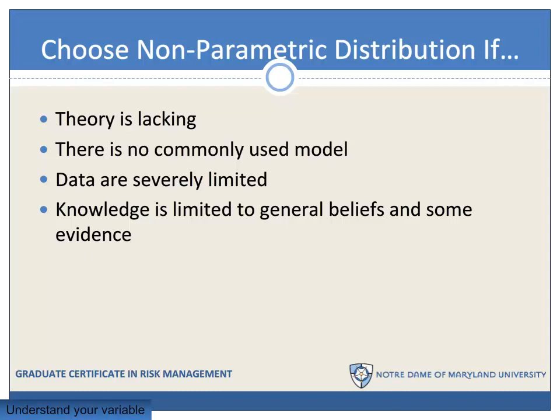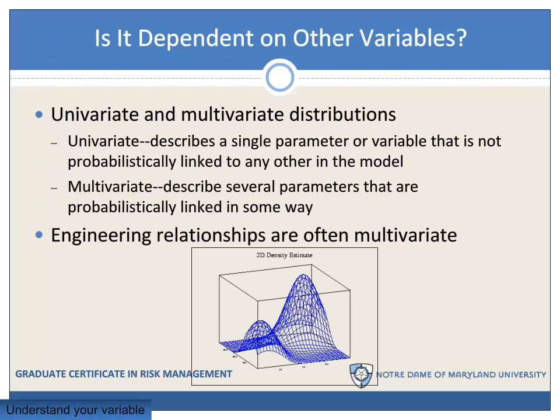That's a good example of severely limited data. The other instance would be when knowledge about this variable is very limited. We just have some general beliefs about it, and maybe we have a little bit of evidence. So this is where you would choose a non-parametric distribution if you find yourself in this situation.